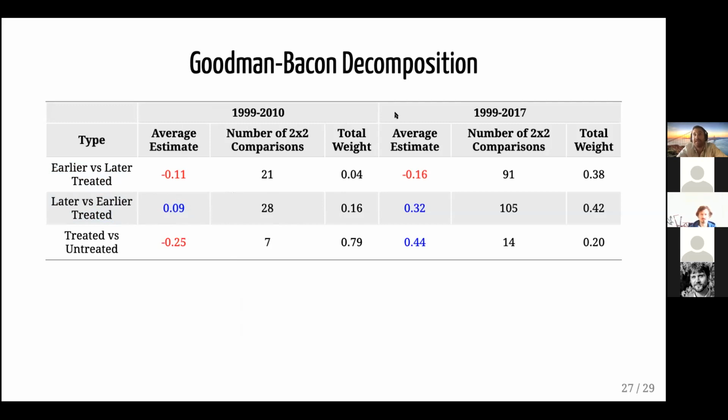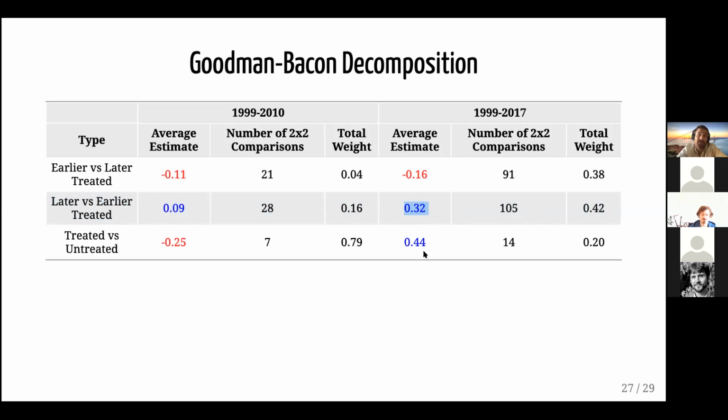In the later estimates, this is a little weird. The overall positive effect is driven by a negative effect within the earlier versus later treated sample. A positive effect, again in the problem grouping, is partially driving the positive effect.